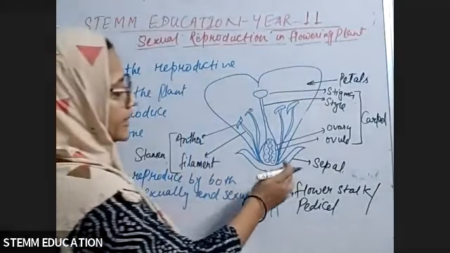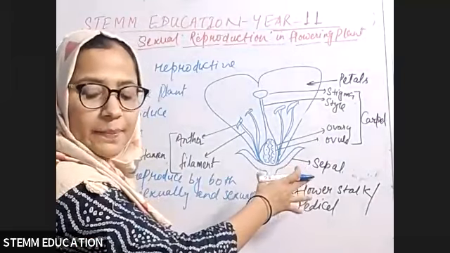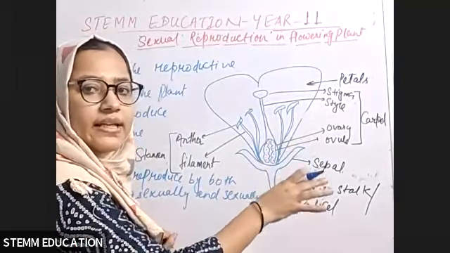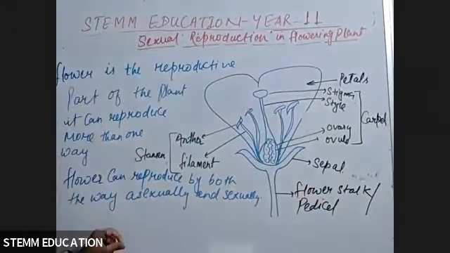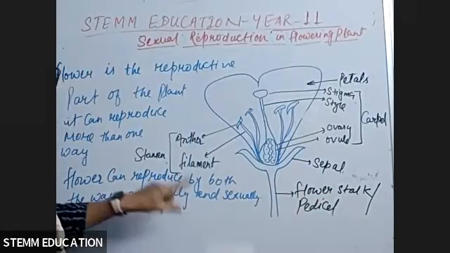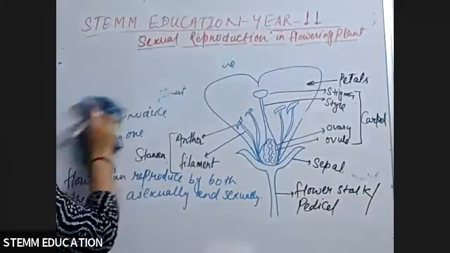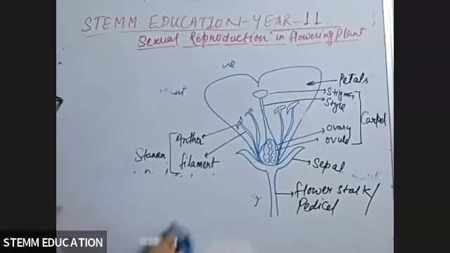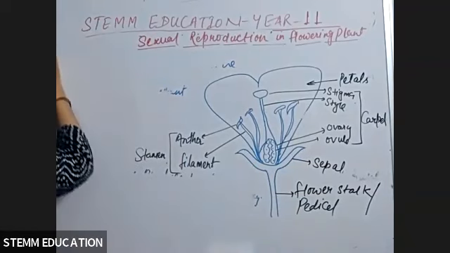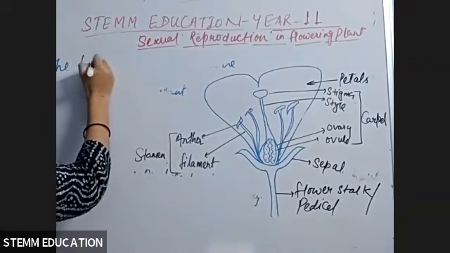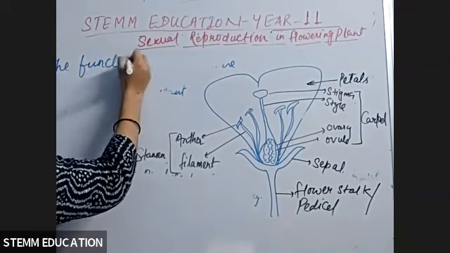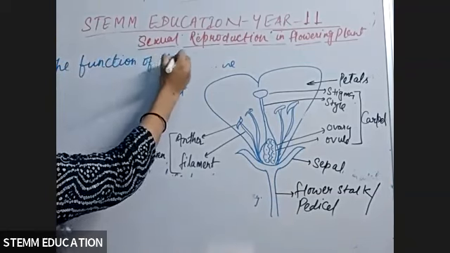The sepal is always green in color. So this flower is a reproductive part. What is the function of the flower?